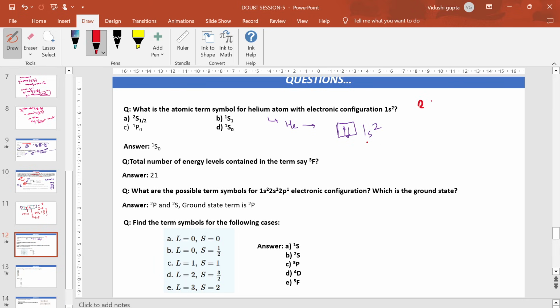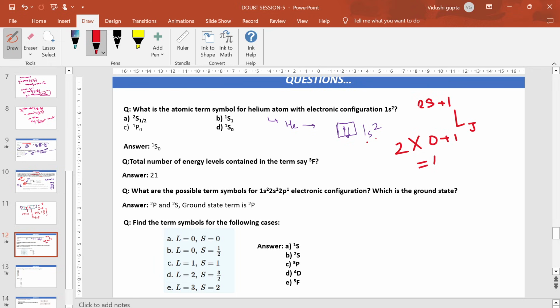We have to use the formula 2S plus 1. So what is S? Paired, we already discussed it will be 0. So spin multiplicity will be 2 into 0 plus 1, that means 1. So 2S plus 1 is 1.